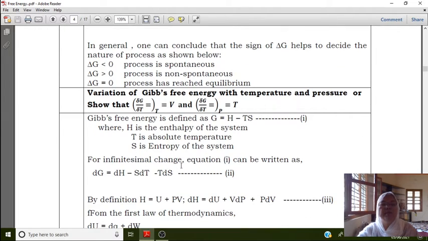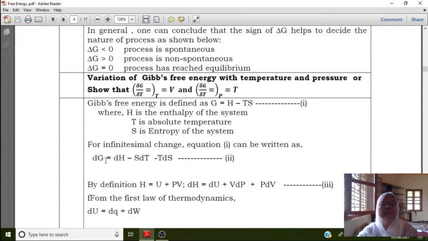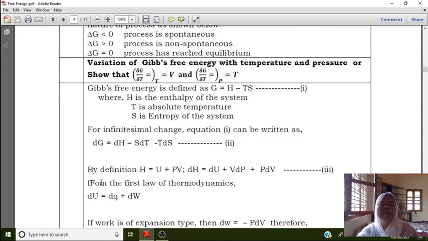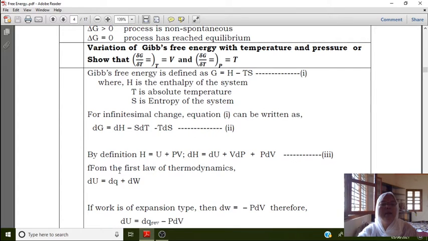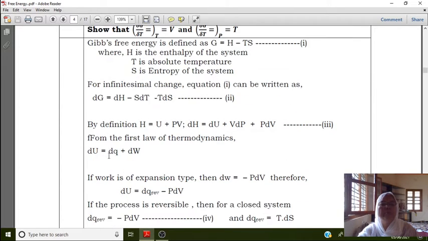For an infinitesimal change, equation 1 can be written as dG is equal to dH minus S dT minus T dS. By definition of enthalpy, we have H is equal to U plus PV, and again by differentiating this equation we can write dH is equal to dU plus P dV plus V dP.